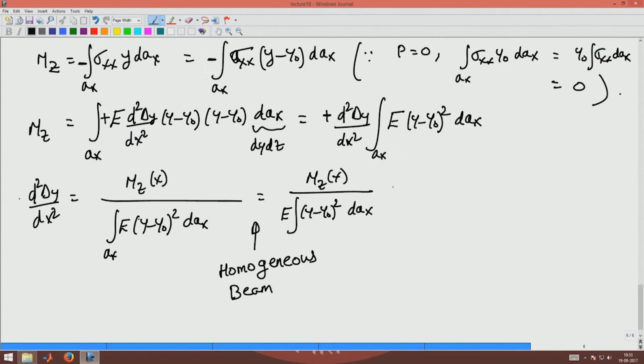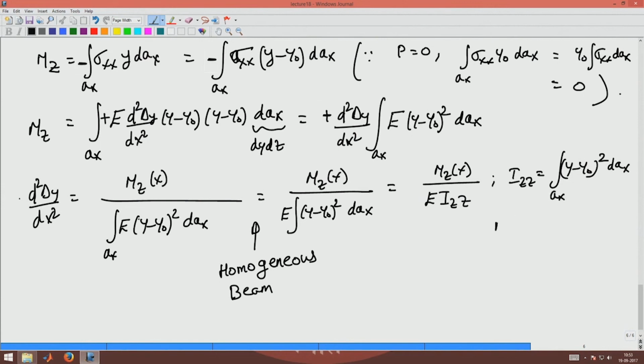Okay. So, now what is this? This is nothing but Mz of x divided by E times Izz, where Izz is given by integral (y minus y naught) whole square dAx over A of x.